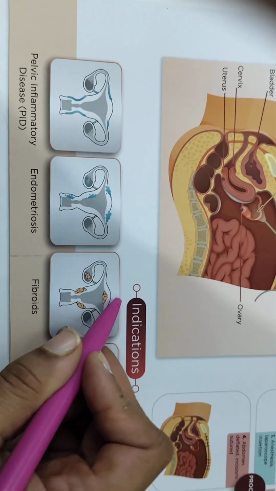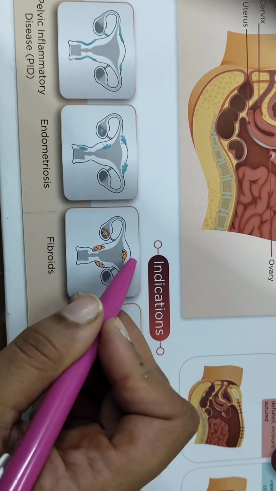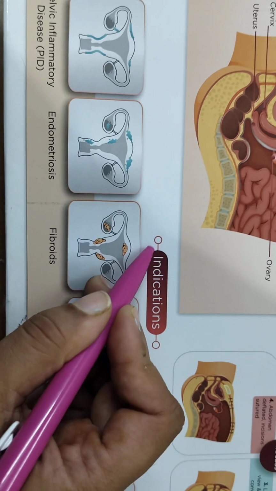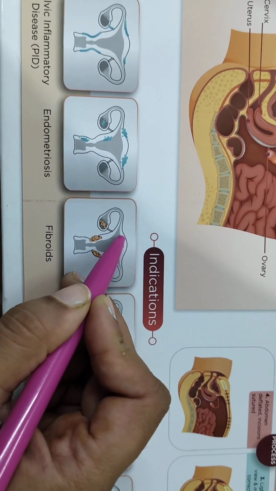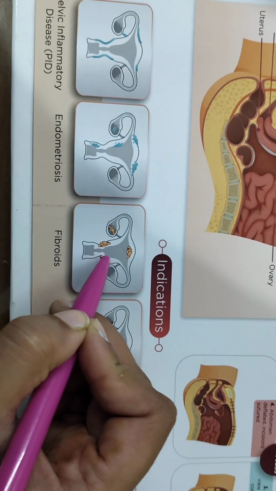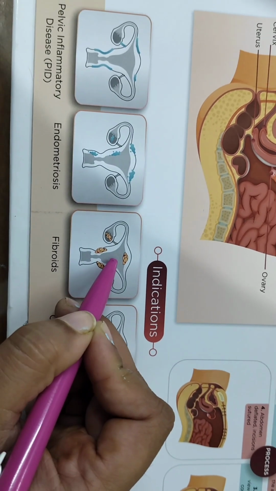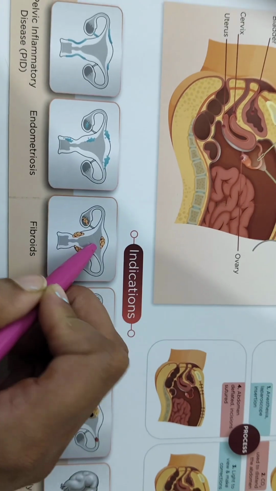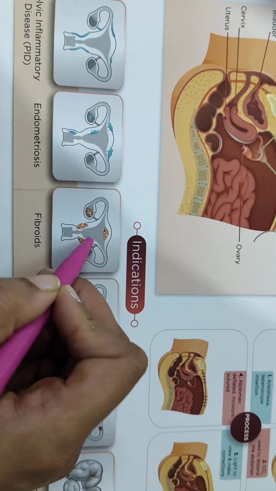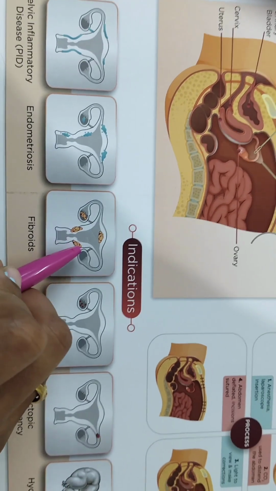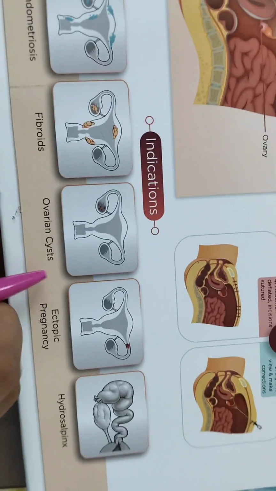It might cause some other problems like its mass effect can be there, it can cause pressure on the bladder or the bowels, but usually the subserosal means arising from the surface of the uterus, usually that does not cause infertility, but any small fibroid also which is indenting into the endometrium cavity will affect the implantation of the embryo, and hence it has to be removed, and the location will decide that the approach can be by hysteroscopy or by laparoscopy.